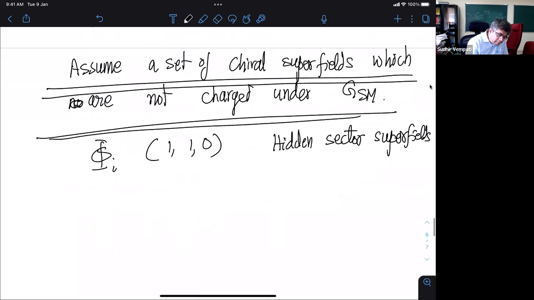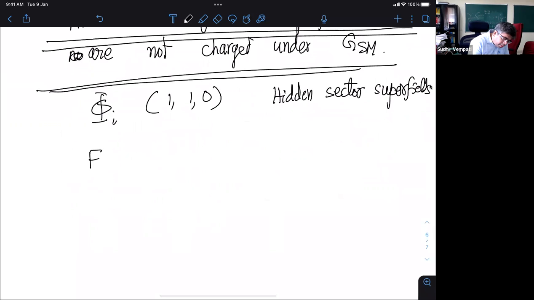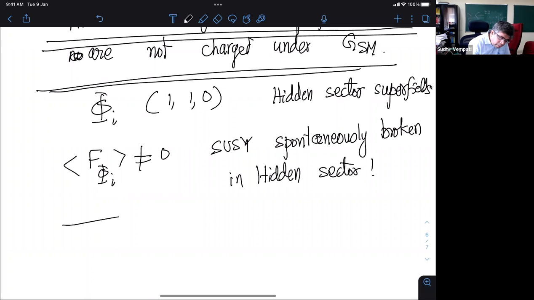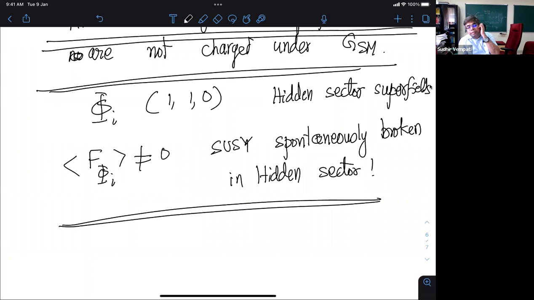Now the F terms of the hidden sector can get a VEV. So supersymmetry is spontaneously broken in the hidden sector.